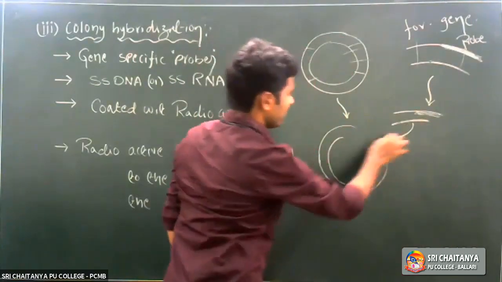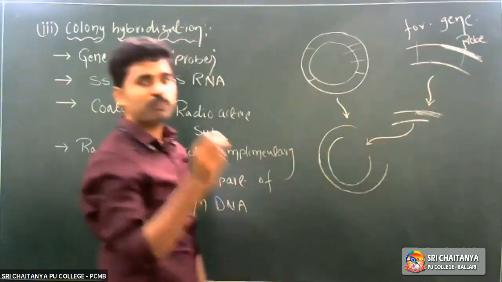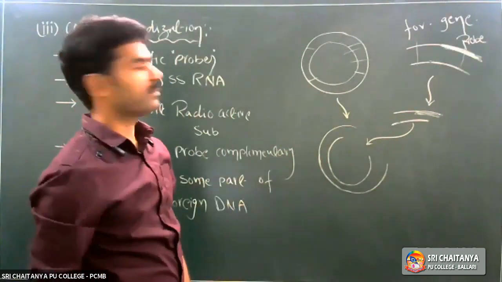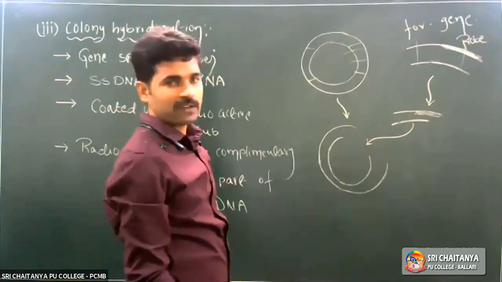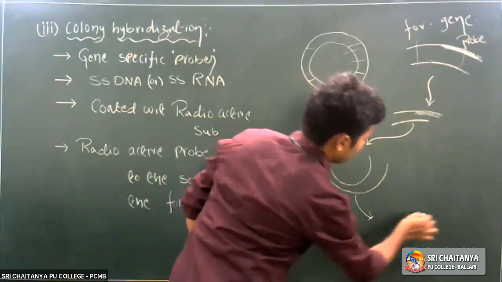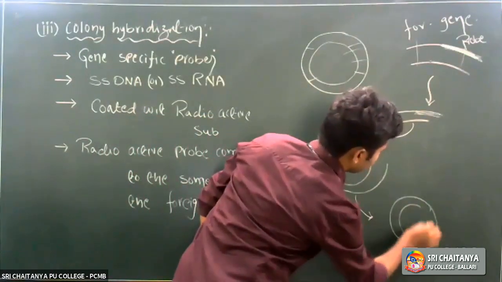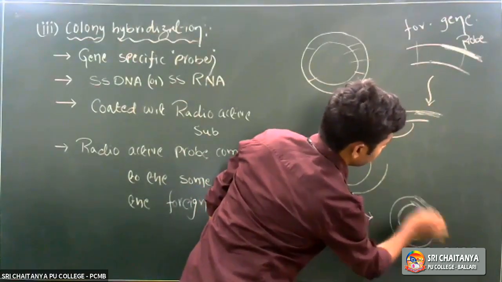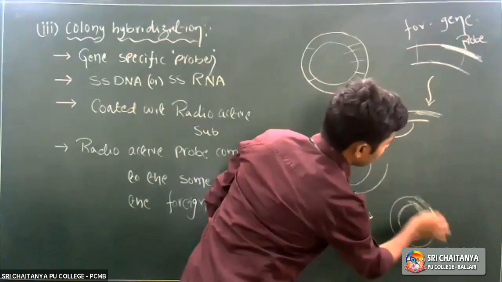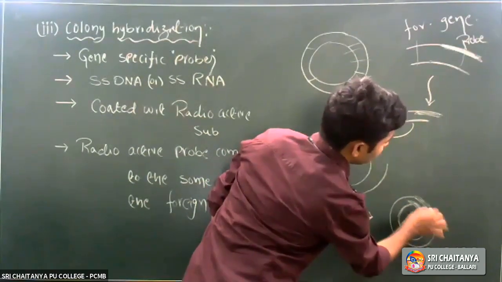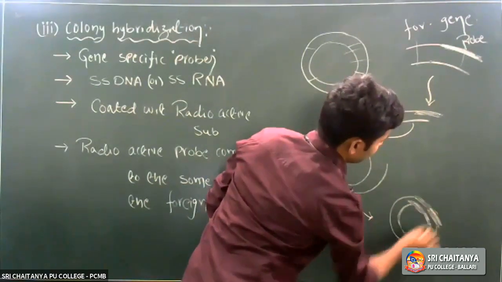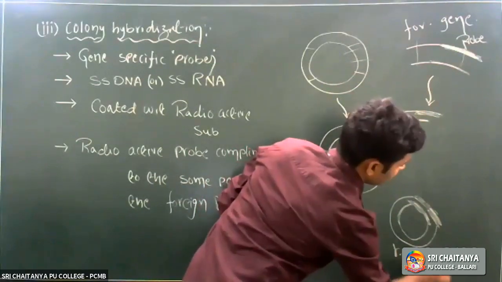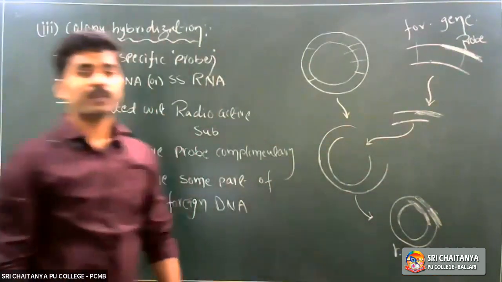We insert the radioactive probe containing foreign genetic material into the vector, resulting in the formation of an rDNA molecule. That rDNA molecule exhibits radioactivity.